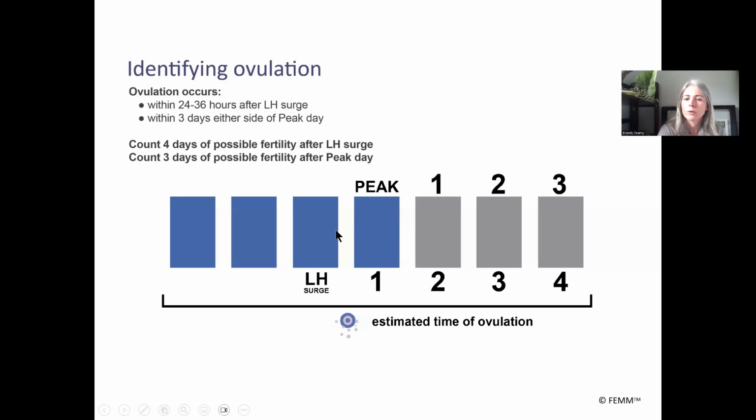It's just that they would respond differently to the LH surge and might respond a little bit differently in the time that they're released from that LH surge. So it's putting in this extra buffer day for that. That's all I want to say about that. So this is how we identify the estimated time of ovulation. And this also helps you to track the actual age of a developing fetus as well in the event that you become pregnant this cycle.